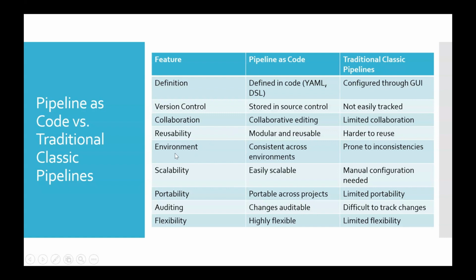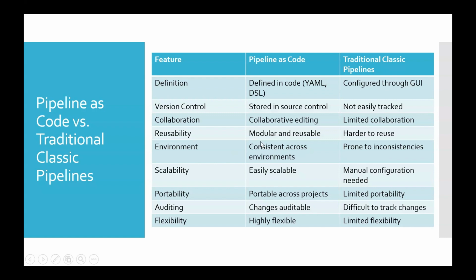In case of environment, pipeline as code is consistent across environments, and classic pipelines are prone to inconsistencies, because with pipeline as code you will be using the same modules which you might have used in different environments. Suppose you are using one module in the dev environment, you will be using the same module in the production environment as well.